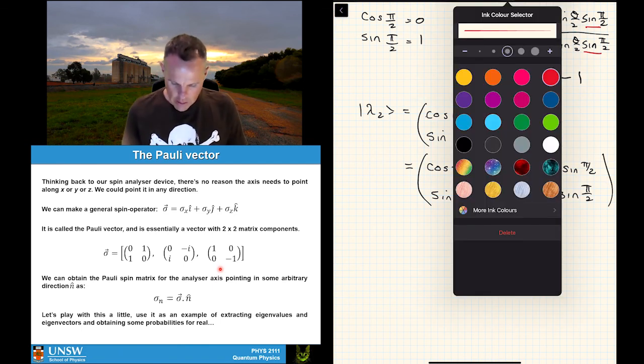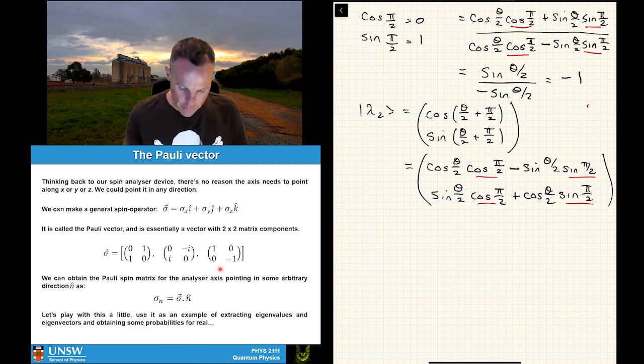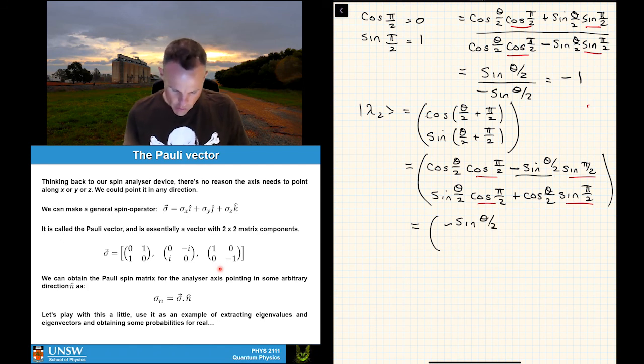And by the same argument that we just had, this is 0, this is 0, this is 1, and this is 1. So what we would be left with here is our sine theta on 2 with a minus at the top, sine theta on 2. So that's that term, and we would be left with this one here too, which would be cos theta on 2. Okay.